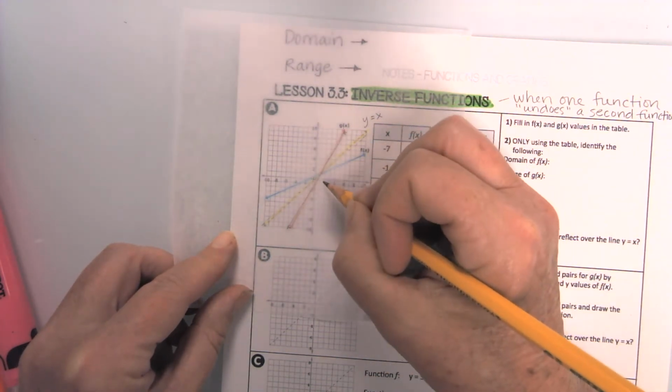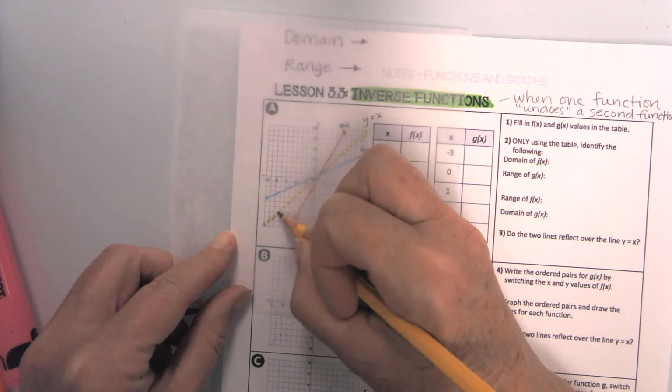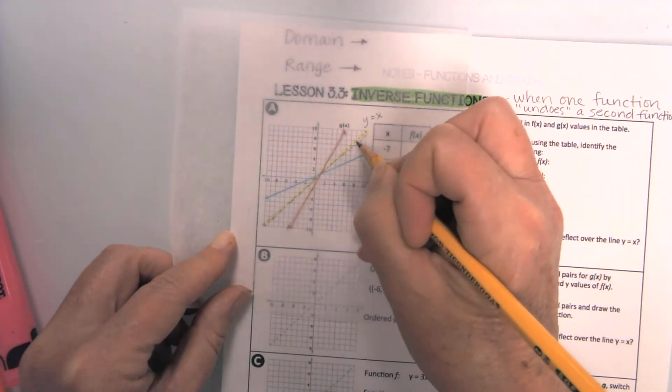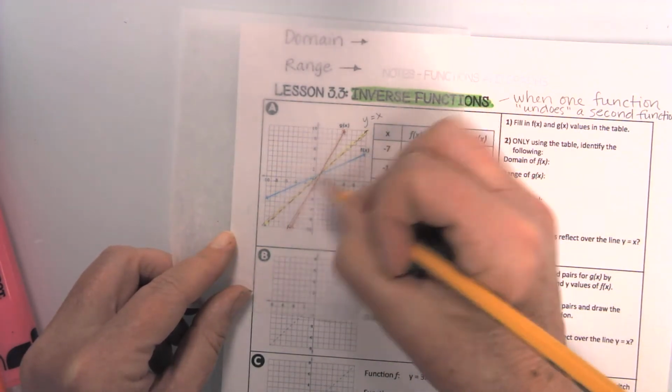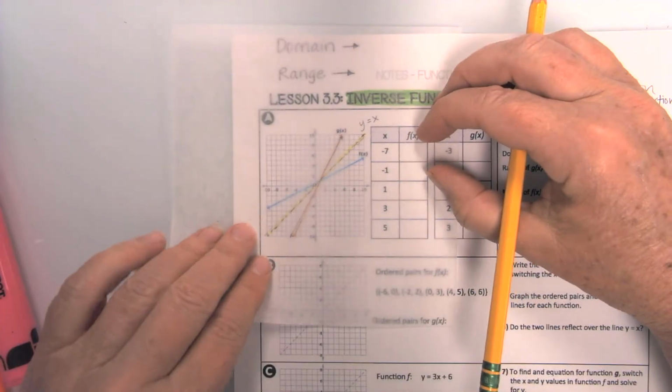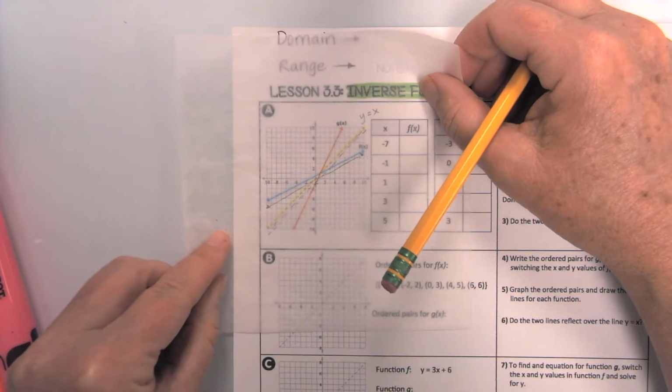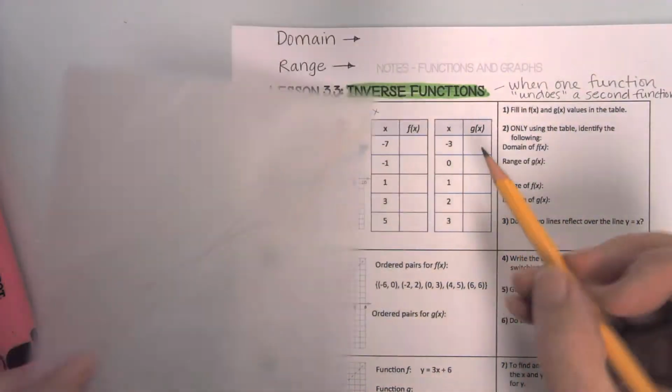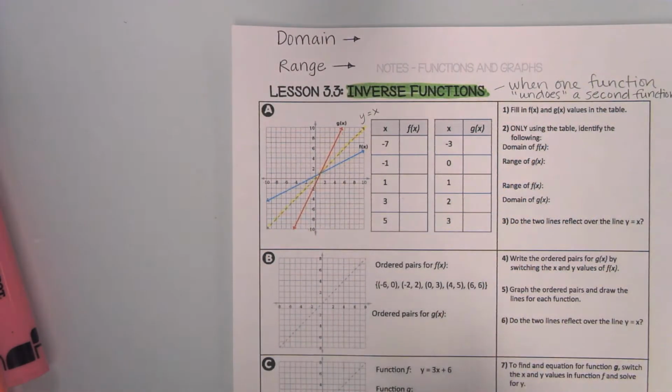So this is an inverse function. When they can be reflected over this line of y equals x, and the lines match up perfectly, it is called an inverse function. Now something interesting happens with our points. So let's go ahead and start the lesson. I just wanted to explain the graph and what's going on there.